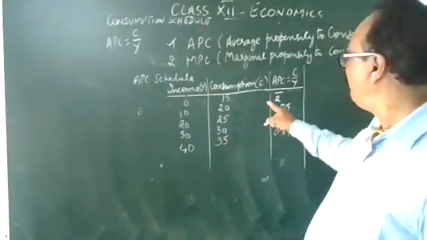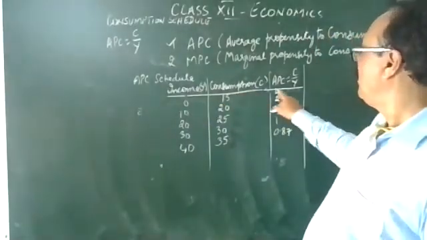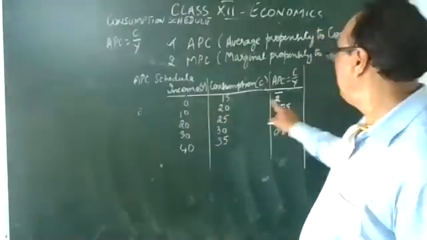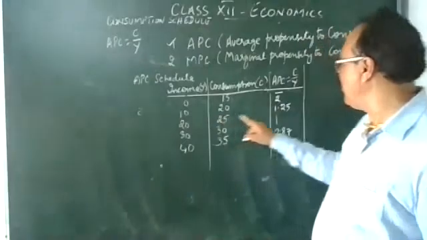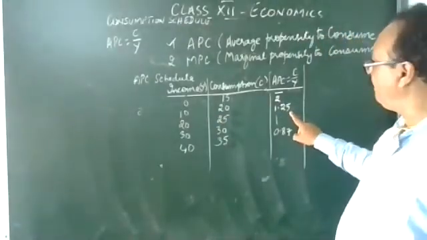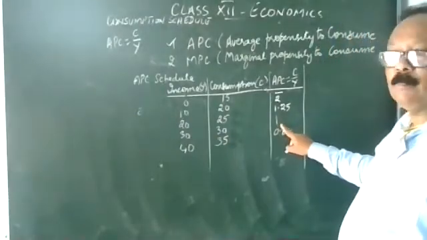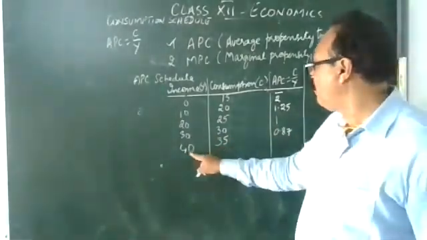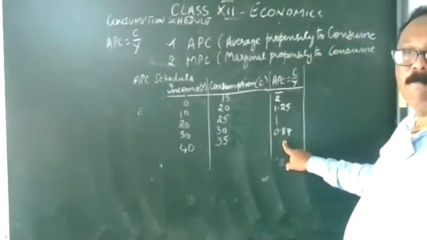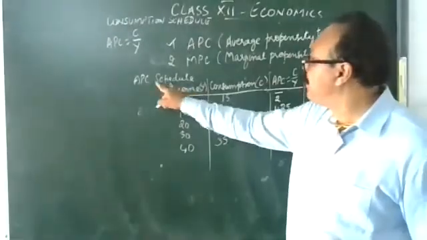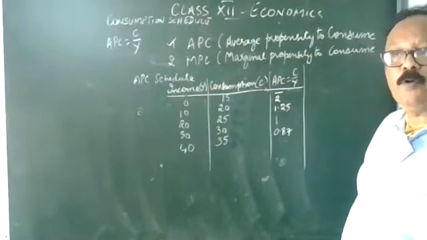APC will be: 15 upon 0, undefined; 20 upon 10 is 2; 25 upon 20, 1.25; 30 upon 30 is 1; 35 upon 40, 0.87. This is the APC schedule. Note this down.